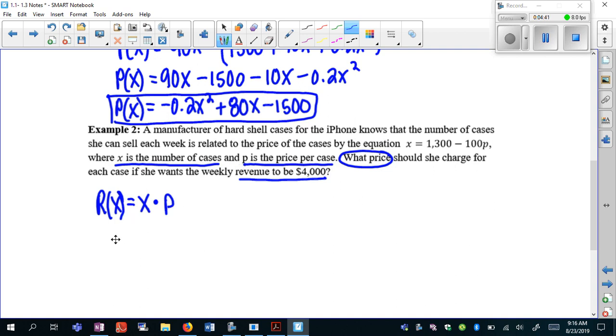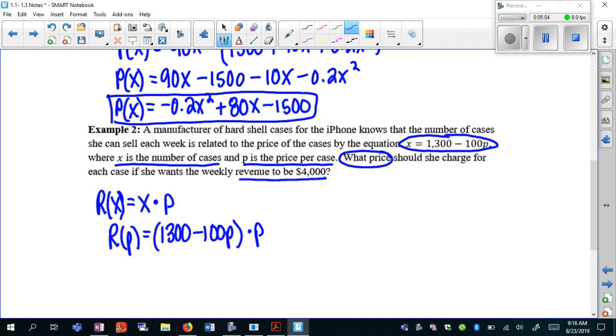So I'm going to say R of p is going to be the number of cases, which is represented by this. Instead of x, I'm going to use 1300 minus 100p, times p.